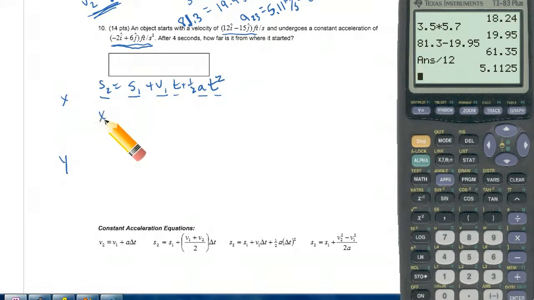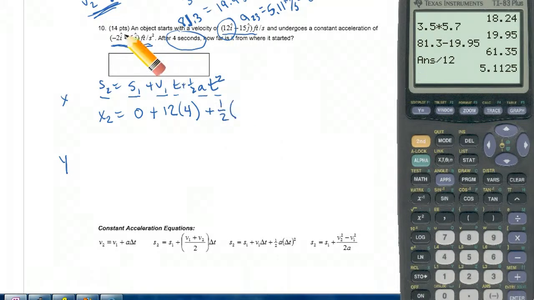Alright, so x final is going to be 0 plus the velocity in x, 12, times 4 seconds, plus 1/2 our acceleration in x, minus 2, times 4 squared.